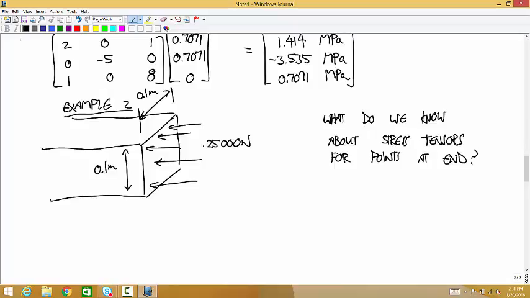So I guess that's just going to be 25,000 times 100, which is 2.5 megapascals, I think. Calculator boy, check my work.